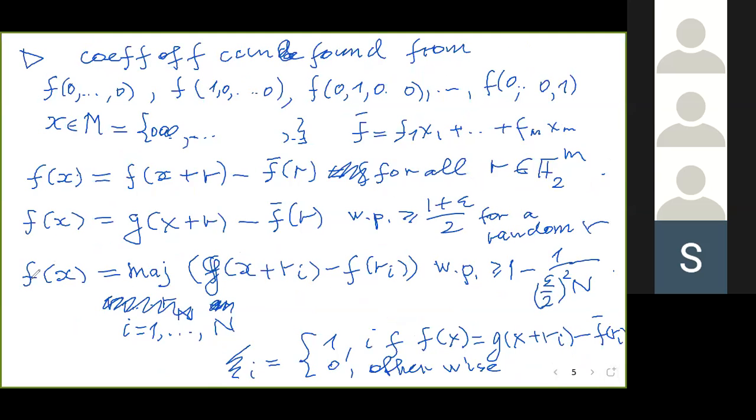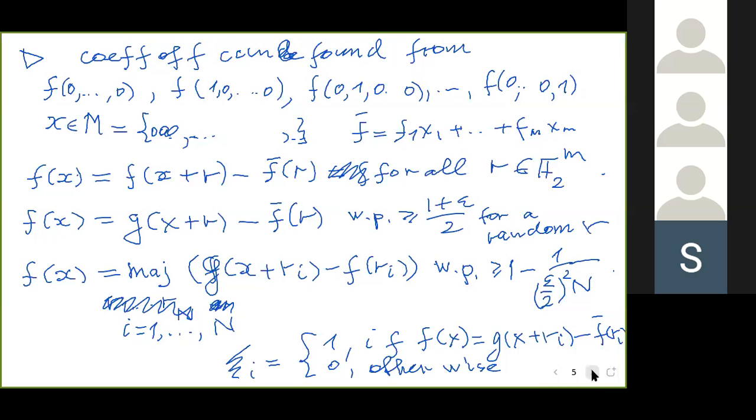So let's go back to our algorithm. To recover the value of f in a certain point, we will make the majority vote, where we need to choose the number n large enough so that the probability of error is close to 0.